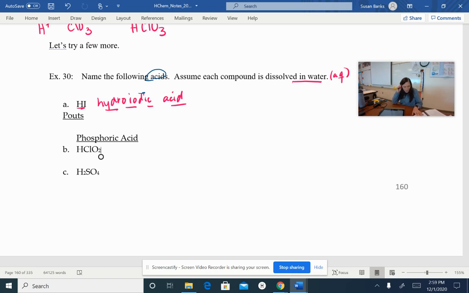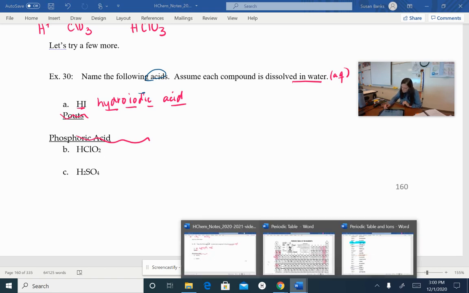Okay? The next one, we're going to skip these. I don't know what happened there. HClO2, it says 4, but it should say 2, okay, that's fine. So ClO2, let's find it.